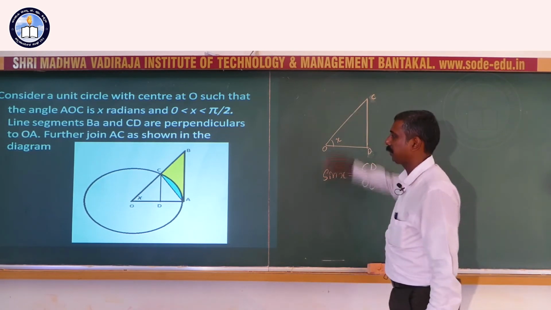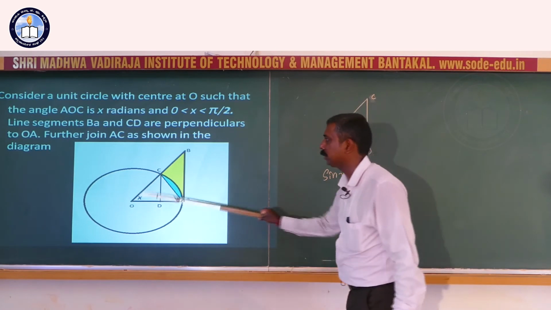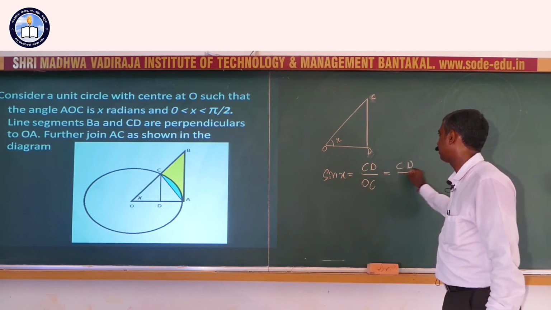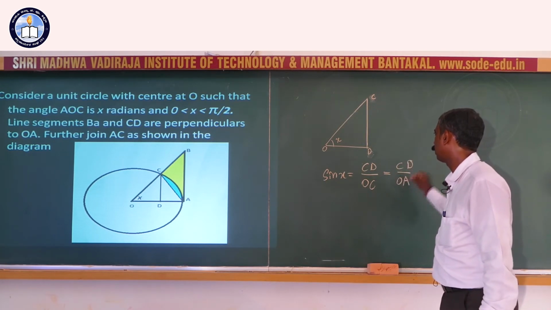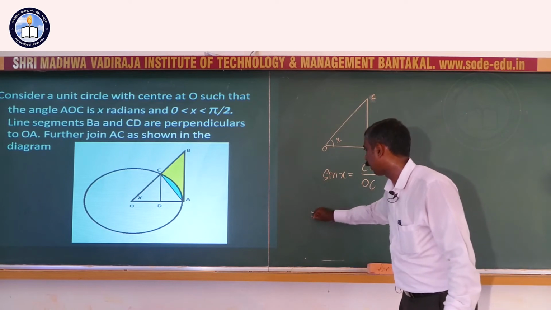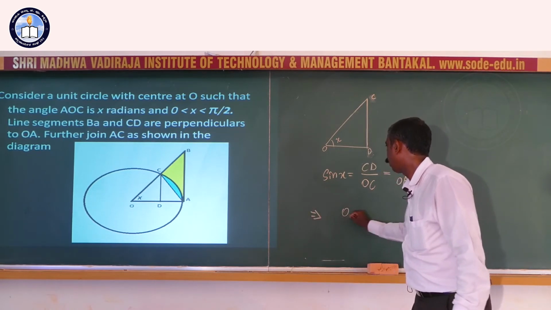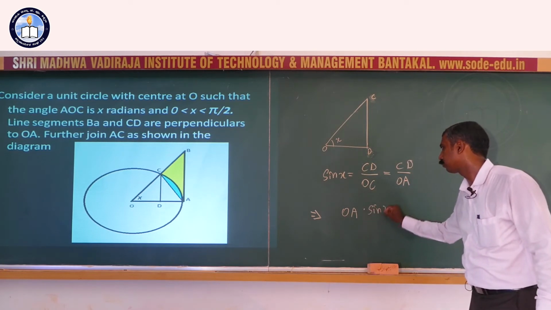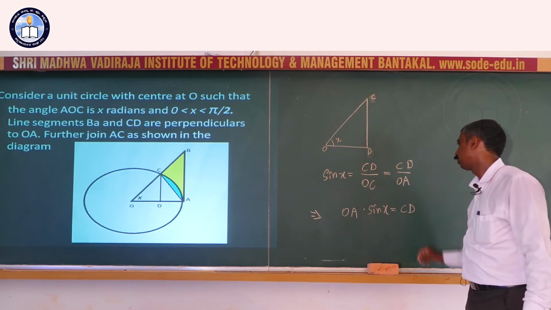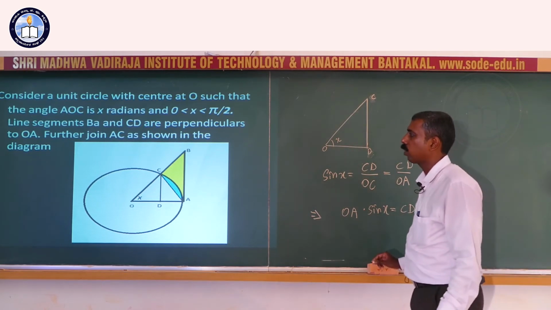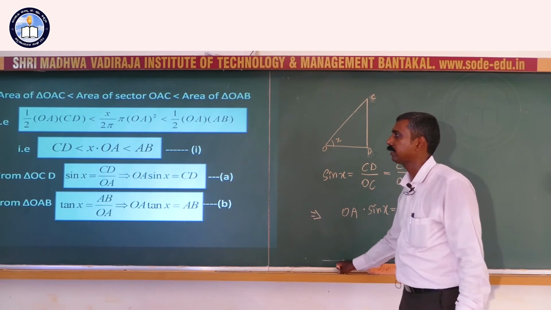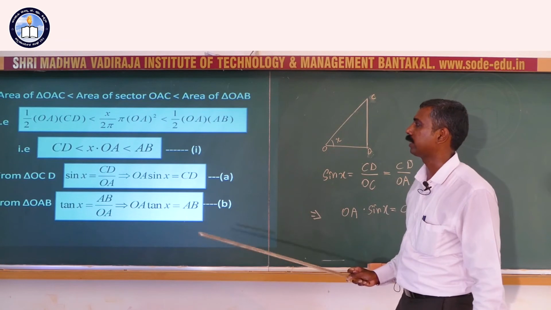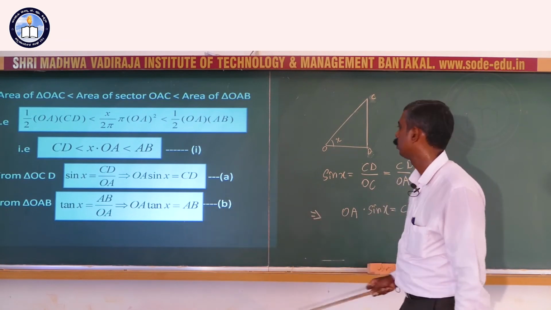But OC being the radius, it is the same as OA. Therefore, this becomes CD divided by OA. So, this implies, cross multiplying, OA into sin x is equal to CD.